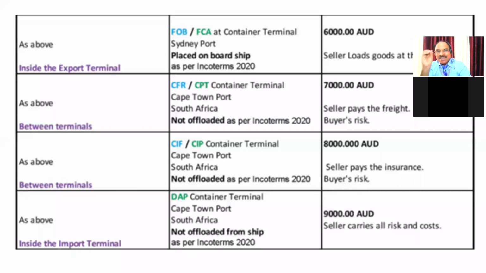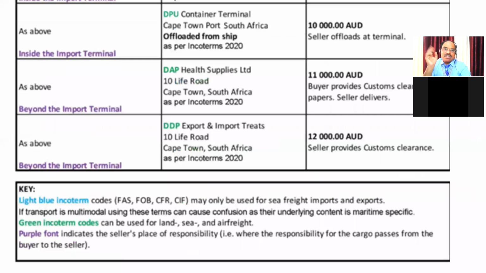The prices in international markets will vary based upon these Incoterms. That is why it is a very important thing. You can see if it is offloaded from the ship, you can pay 10,000 Australian dollars.